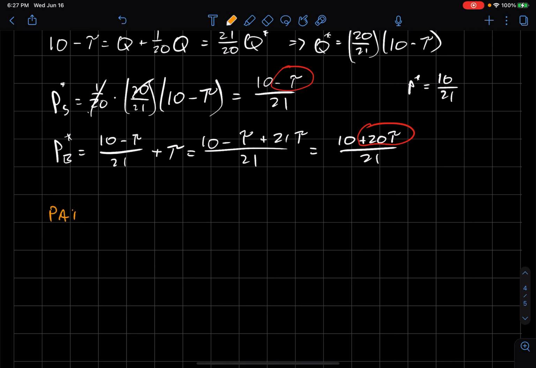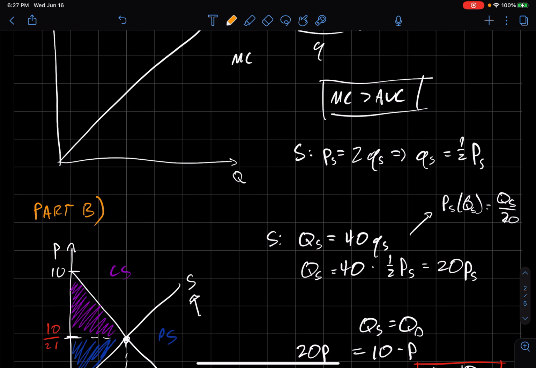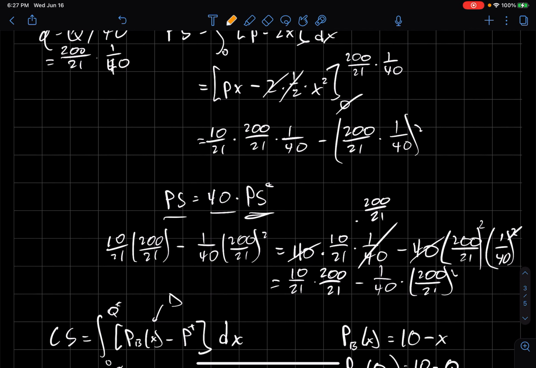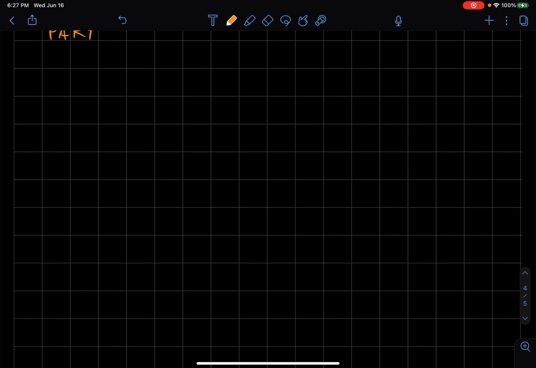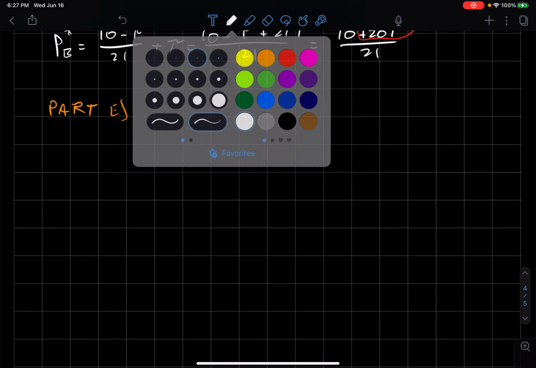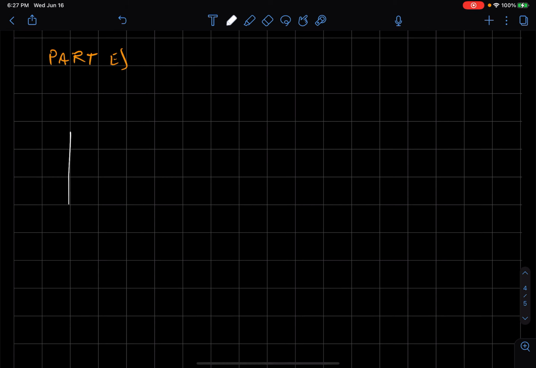Okay, so that was D, I guess this is E. So we want to find the change in consumer surplus and producer surplus. Part E. So let's just graph this first.